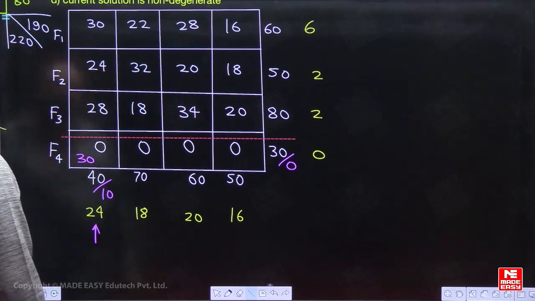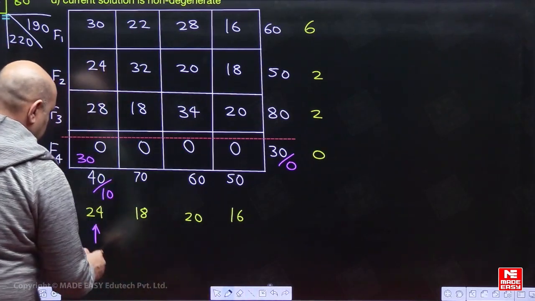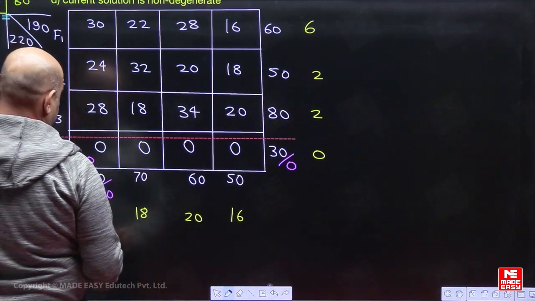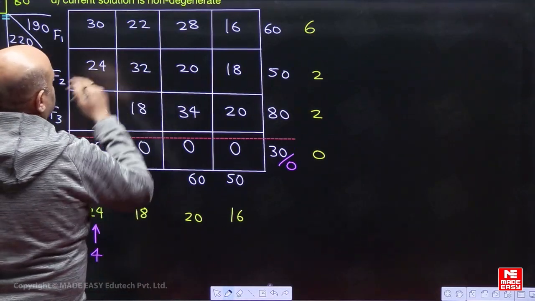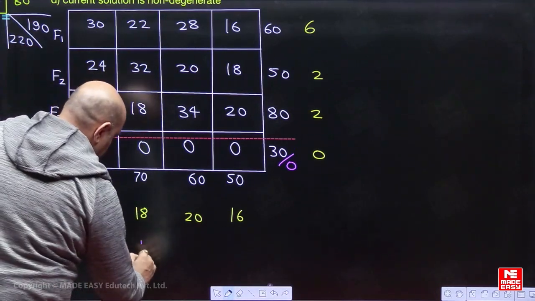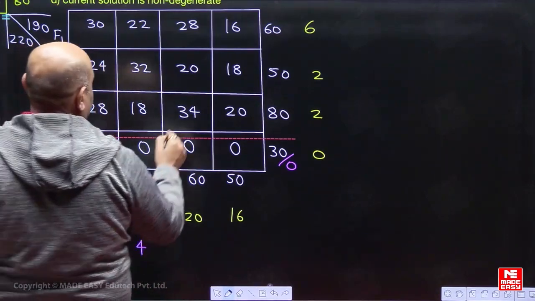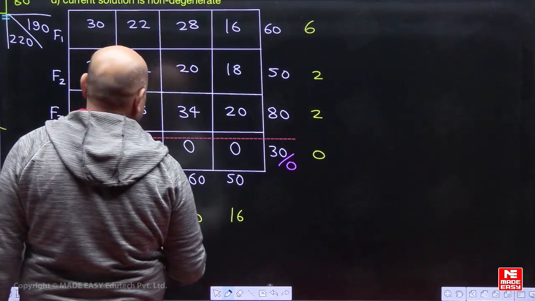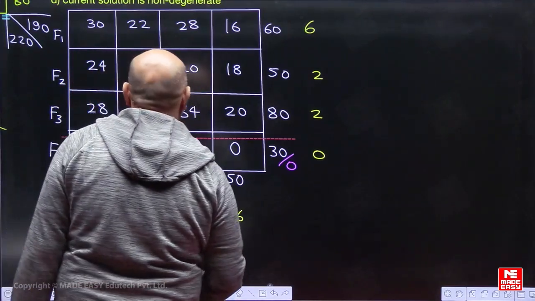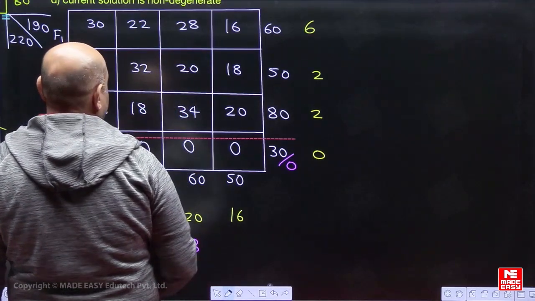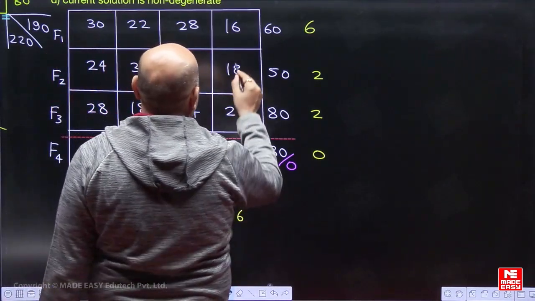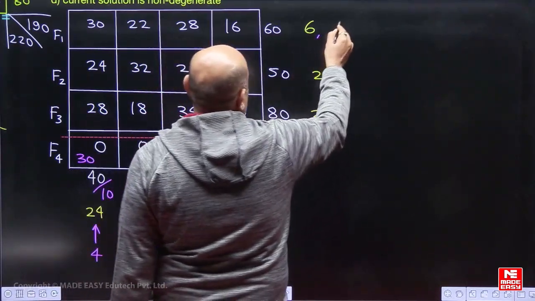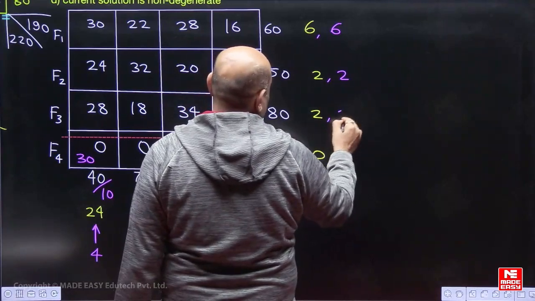24, 28, 4, 18, 4, 20, 28, 8, and 16, 18, 2, 6, 2, 2.